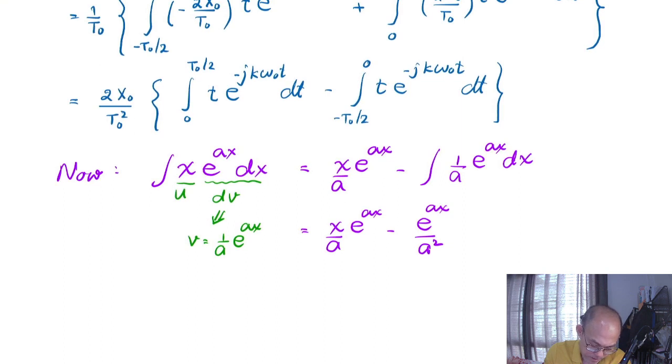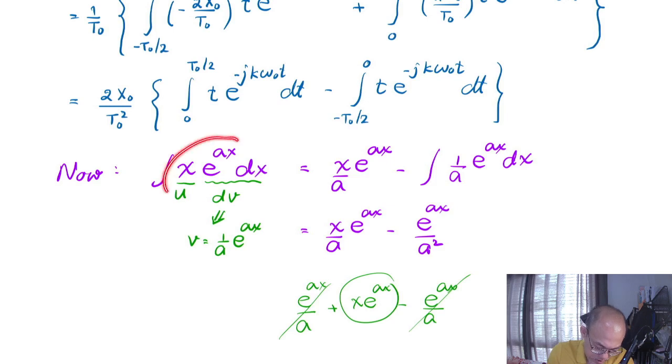Okay, and if I differentiate it back, I'm gonna have e to the ax over a plus x e to the ax minus e to the ax over a. So these two cancel, so this one is right here, so that is correct.